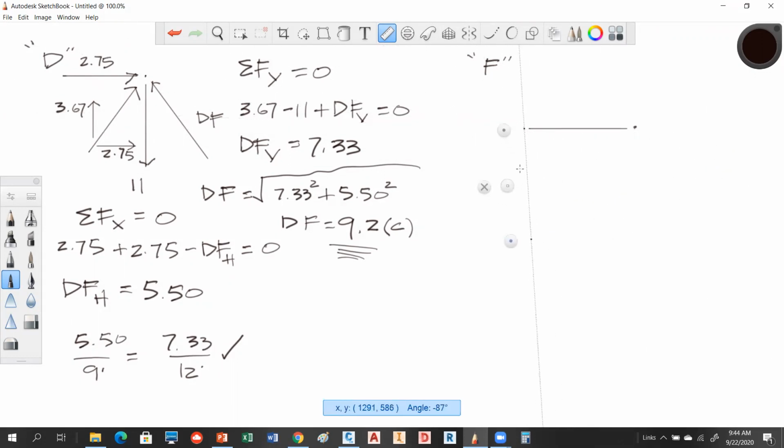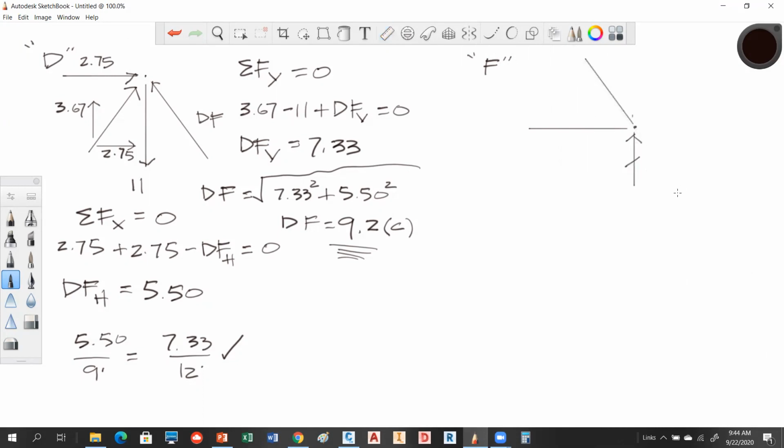I have a reaction on here. I have that roller reaction, okay, that we started with. There's a roller reaction. That's a reaction. And I have, let's see, I have that diagonal member coming into this, which is doing this. Okay.